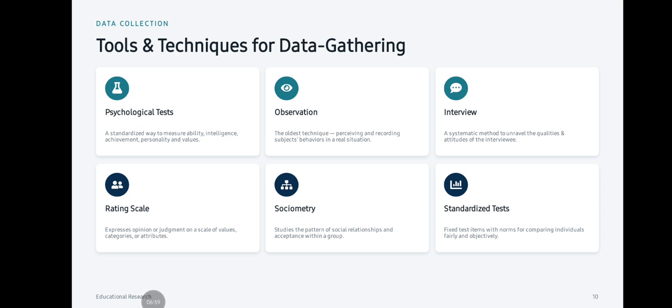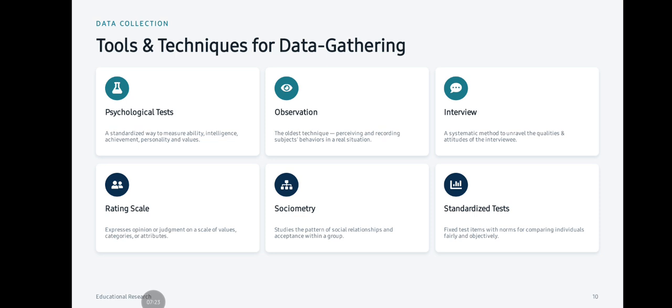We'll go through tools and techniques for data gathering. Psychological test is a standardized way to measure ability, intelligence, achievement, personality, and values. Observation, the oldest technique, perceiving and recording subjects' behaviors in a real situation.